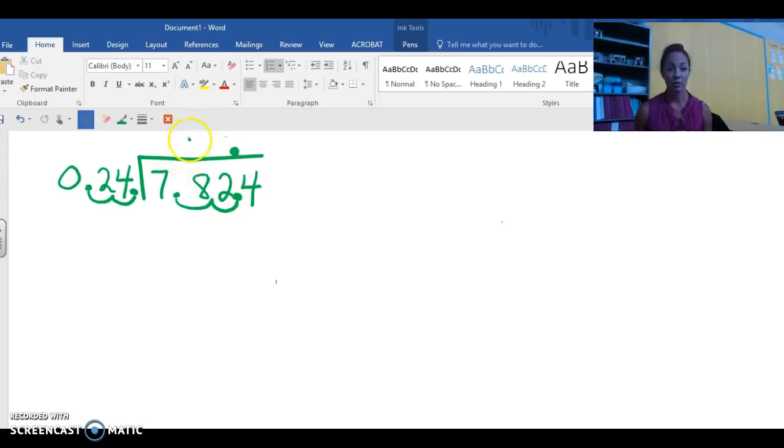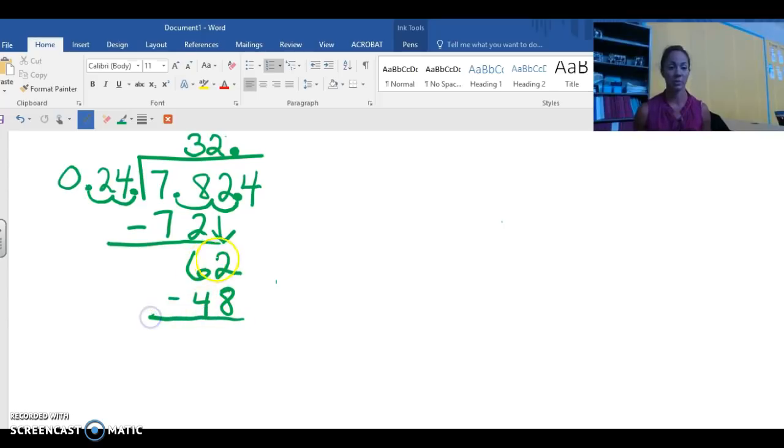So 24 goes into 78 3 times. That gets us 72. 8 minus 2 is 6. Bring down the 2. It gets us 62. 24 times 2 is 48. So minus 48. And you're going to have to do a bit of regrouping here.